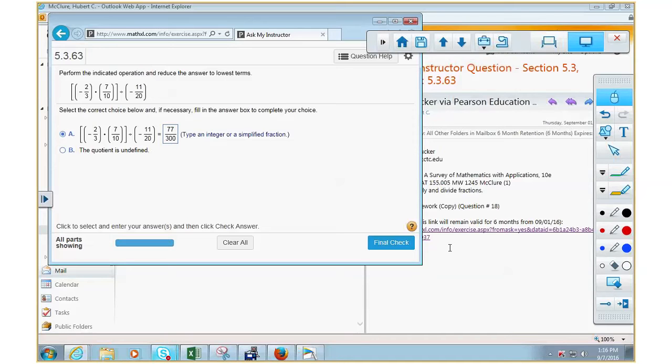There you go. It says negative 2/3 times 7/10 in brackets divided by, it's not an addition symbol, it's divided by negative 11/20. I would just suggest what? Quit. It's a fraction. There's no sense in trying.